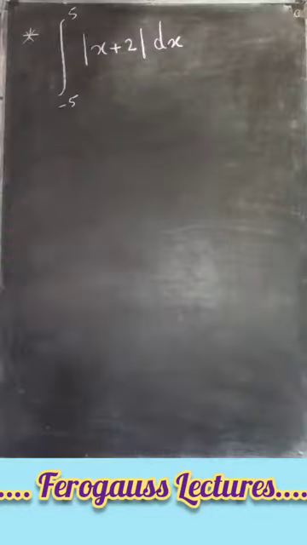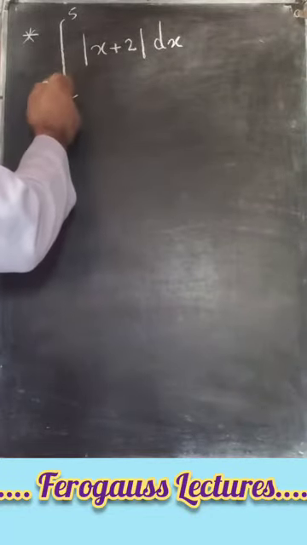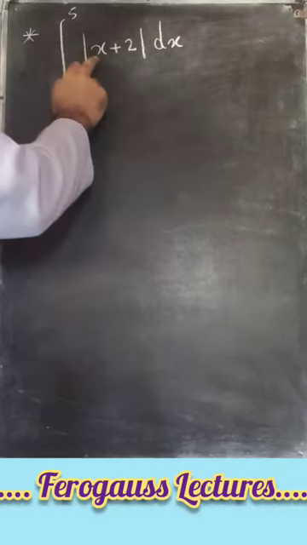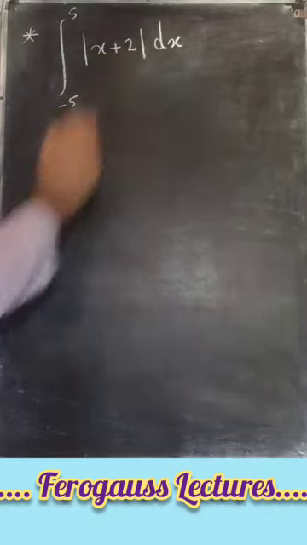Now let us evaluate one more definite integral. Here we have to evaluate this definite integral, that's integral from -5 to +5 mod of x plus 2 dx.